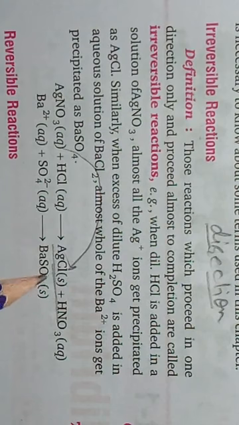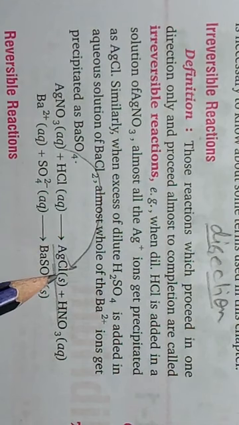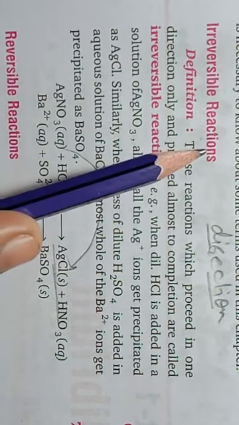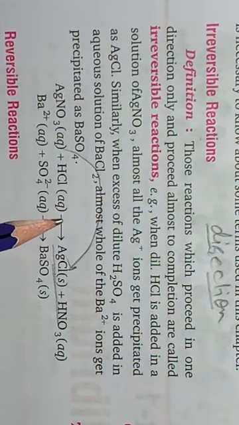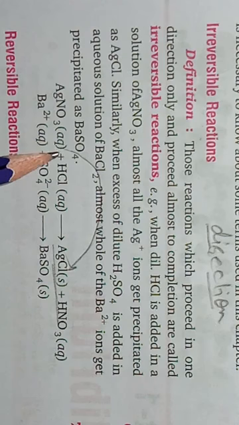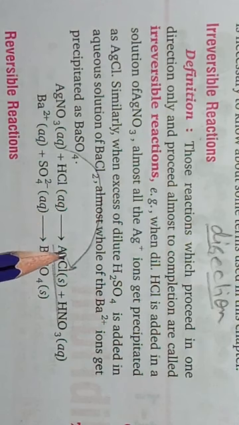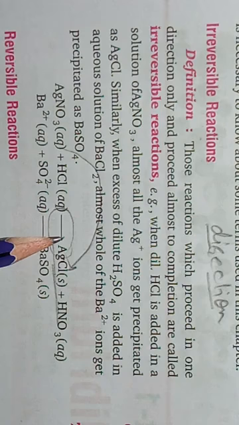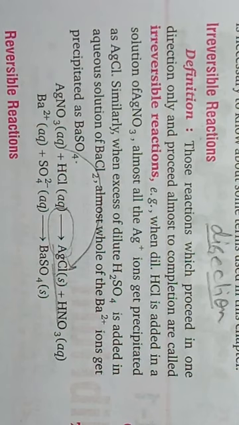Being unidirectional, these irreversible reactions are completed in a definite time. These reactions are shown with the help of an arrow sign, in which the head of the arrow points towards the product and the tail towards the reactant.